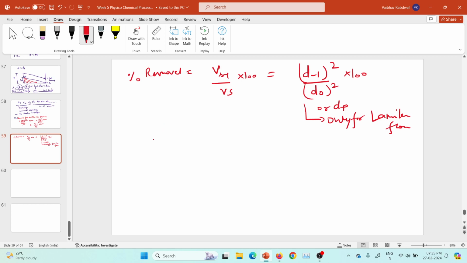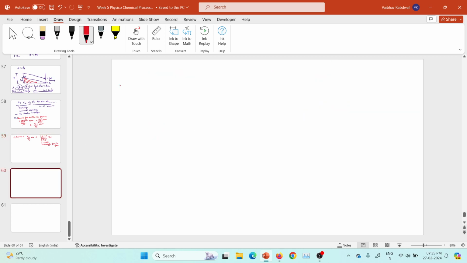So how can we calculate total efficiency? We'll understand it a bit clearly here.